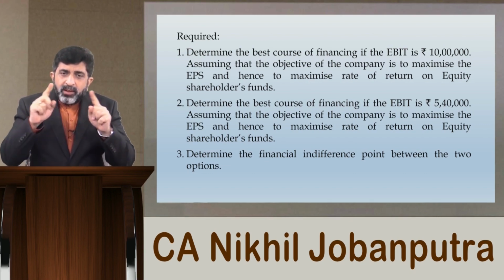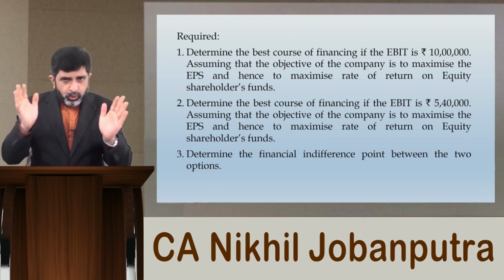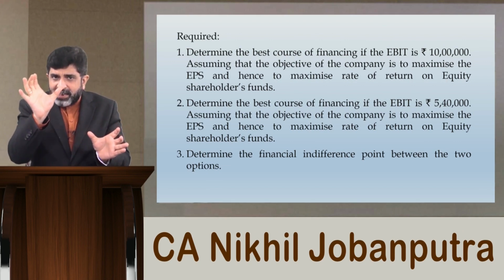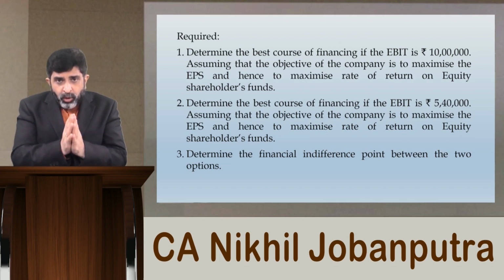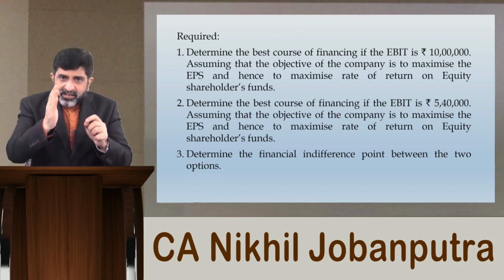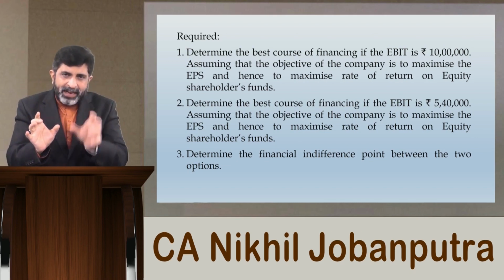Now, when you present this whole thing into one single table, what you should do is you segregate the two situations, one where EBIT is 10 lakhs, one where EBIT is 5,40,000. Then what you do is, in each of these categories, you split that calculation into two options. There is financing option 1 and financing option 2.